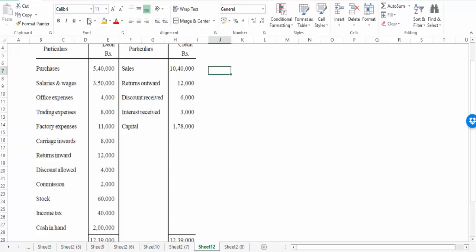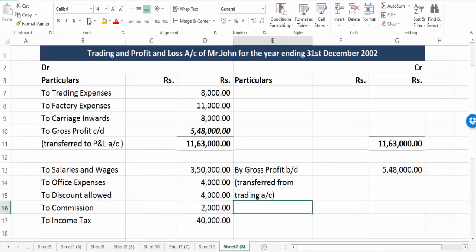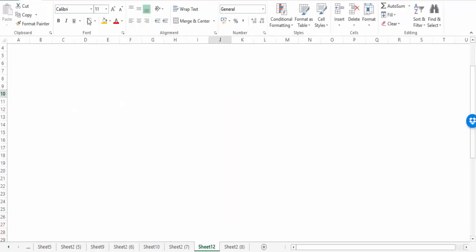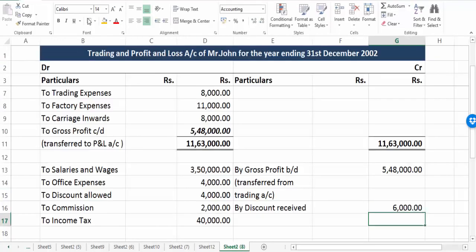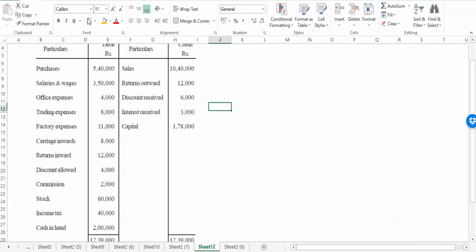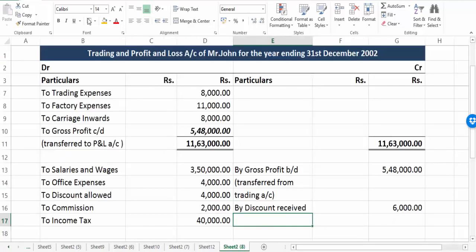Then sales return outwards covered. Discount received, it can be taken to credit of P&L. So here we'll say by discount received, it is 6,000. Then some interest is also received. By interest received, it's 3,000.